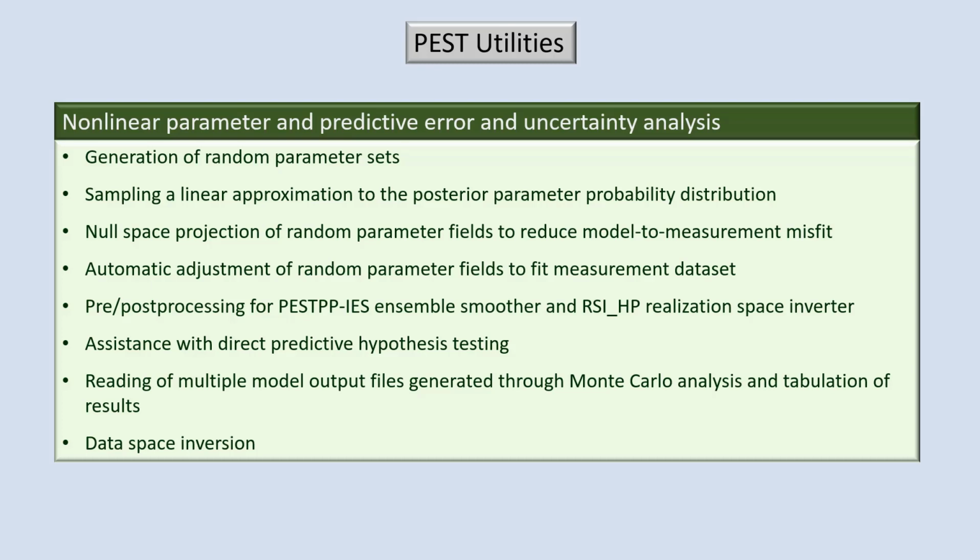Another new addition to the PEST suite undertakes data space inversion. This is a method of posterior predictive uncertainty analysis that can be implemented where model run times are very long. The uncertainty of a prediction can be explored without having to actually ascertain the uncertainty of parameters to which that prediction is sensitive.